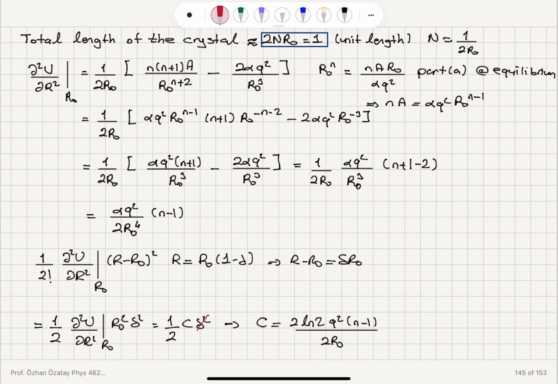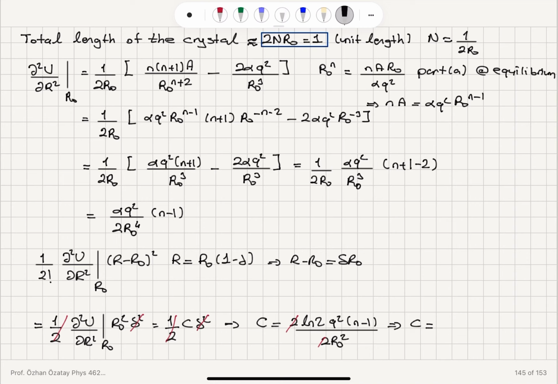You see these delta squares cancel here, 1/2 cancel. r0 to the fourth power, but I have an r0 square here, so this becomes r0 square. 2's will cancel, and that gives me my final answer for c.